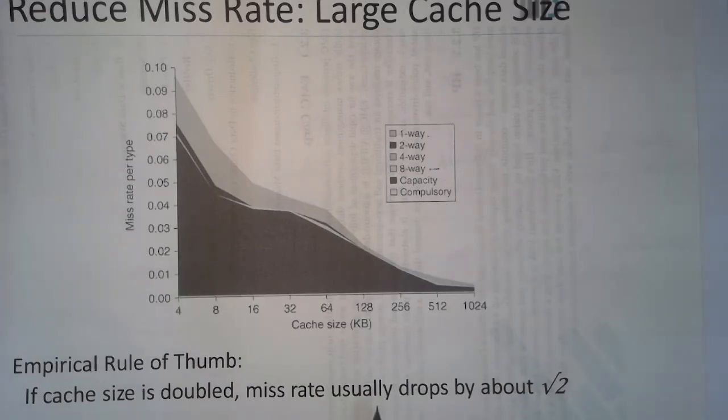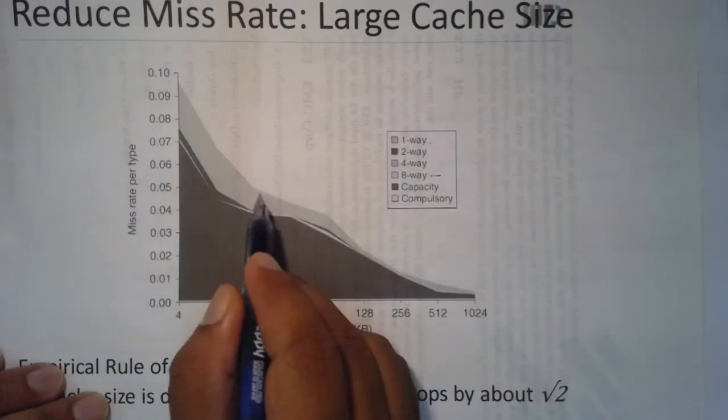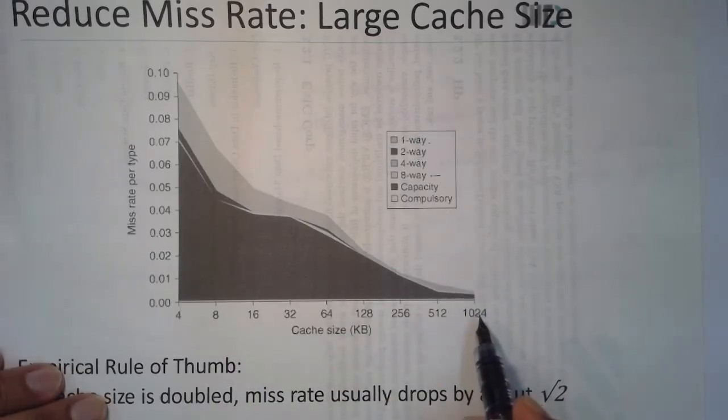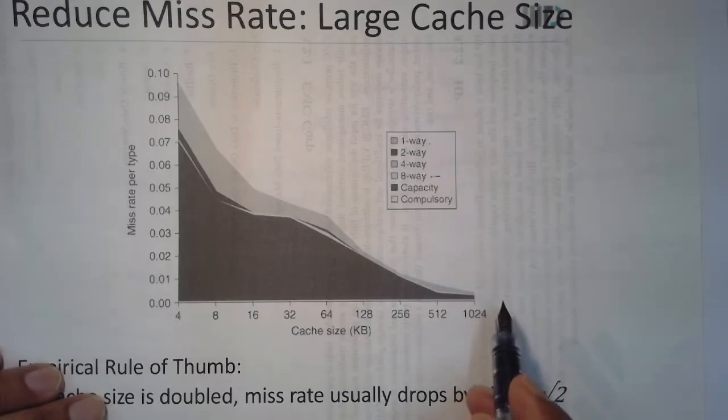Again, thumb rule: a direct map cache of size n has about the same miss rate as a 2-way set associative cache of size n by 2. So let's take this example.